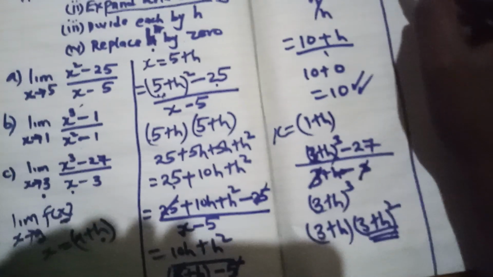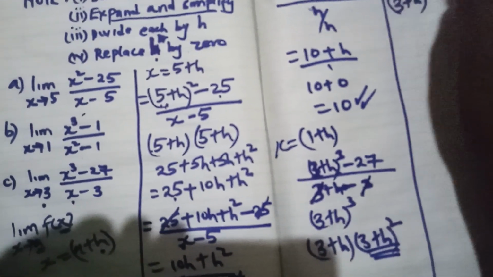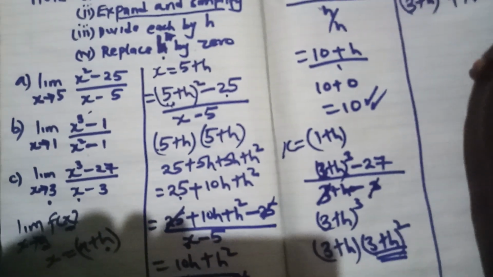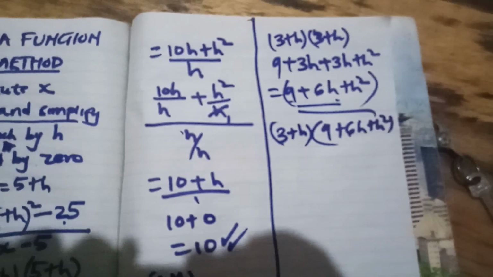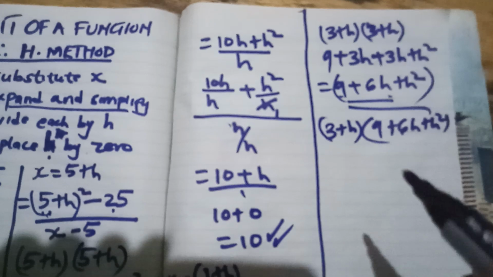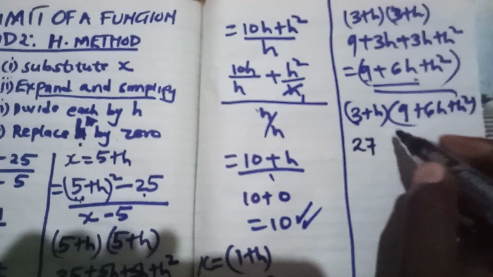So we have to multiply 3 plus h by this one, which is 9 plus 6h plus h squared. Then we proceed. This one times this one, we are going to get 27.